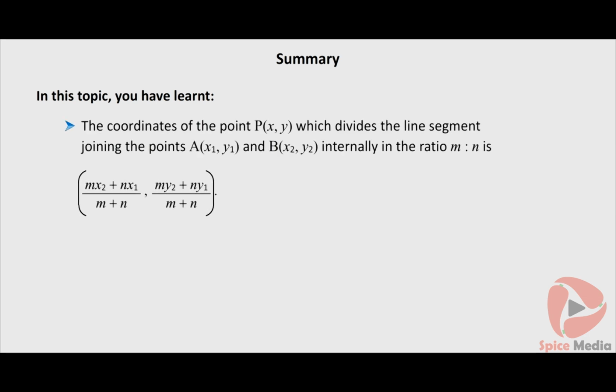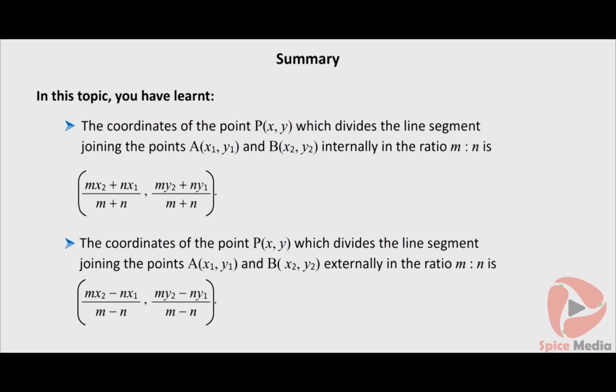In this topic you have learnt the coordinates of the point P(x, y), which divides the line segment joining the points A(x1, y1) and B(x2, y2) internally in the ratio m:n is (mx2 + nx1)/(m + n), (my2 + ny1)/(m + n).